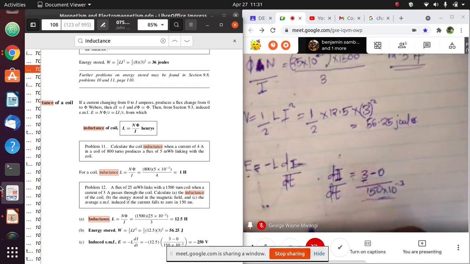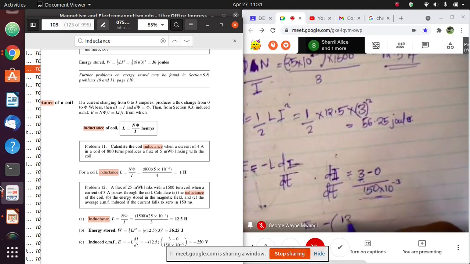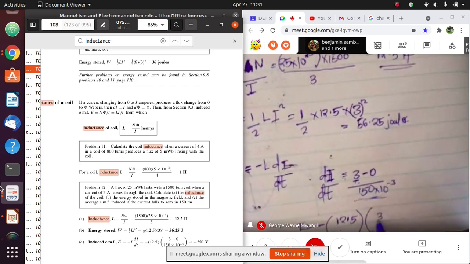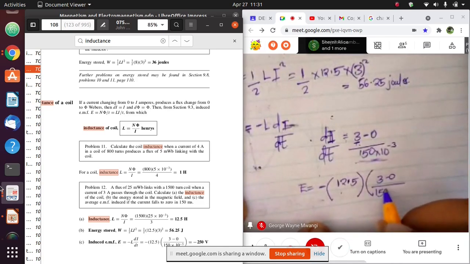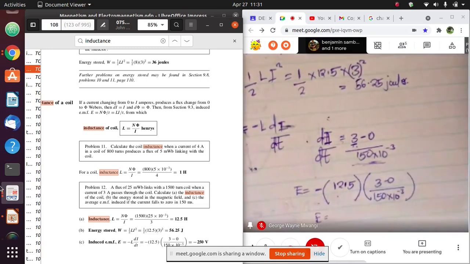Therefore, the induced EMF will be minus L. Our inductance, we got it as 12.5, multiplied by the change in current, which is 3 minus 0, divided by the change in time, which is 150 milliseconds.